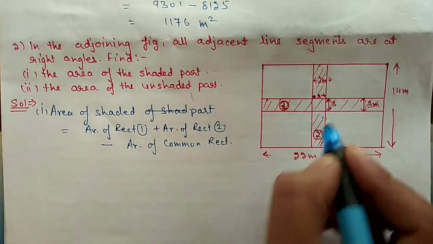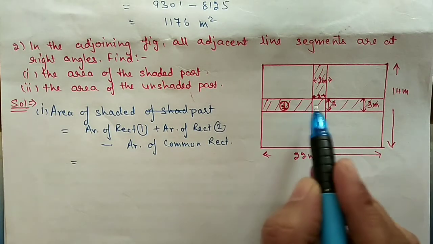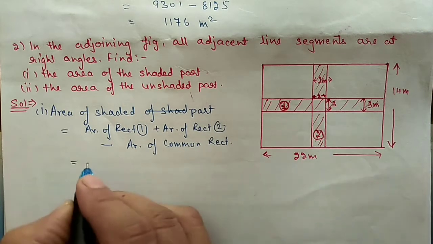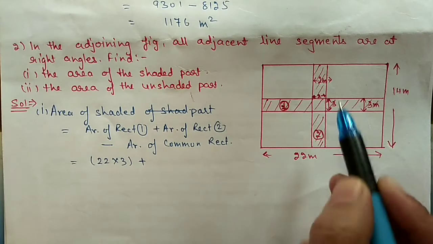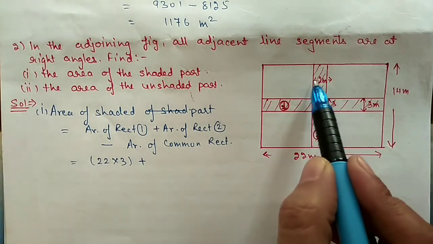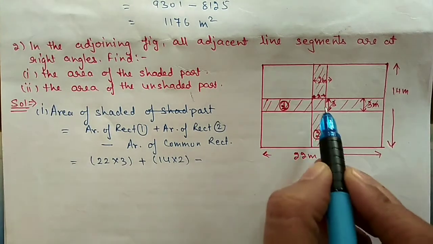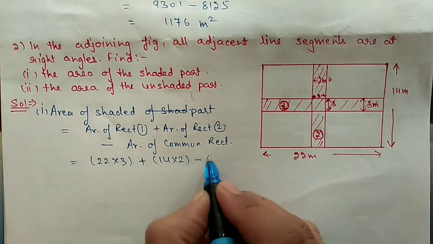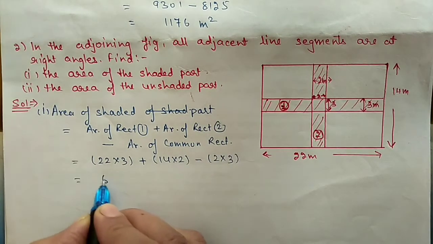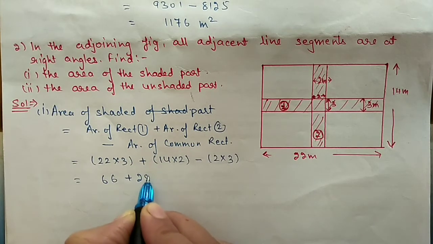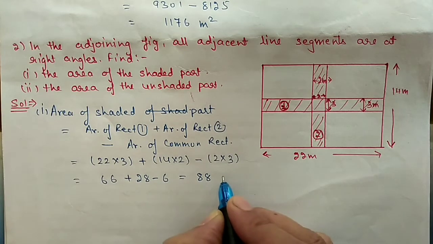This one is the common part. So first rectangle length is here to here 22 meter and breadth is here to here 3 meter. So 22 into 3. For second rectangle length is 14 meter, breadth is 2 meter. So 14 into 2, and the third rectangle is 2 by 3. So 22 into 3 will get 66 plus 28 and minus 6. After calculation we will get 88 meter square.